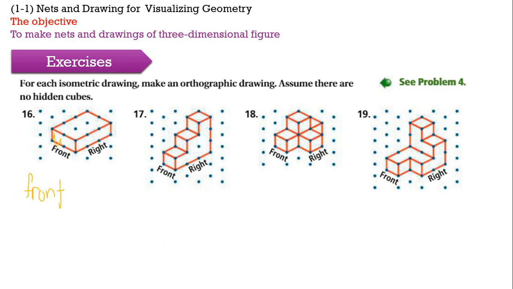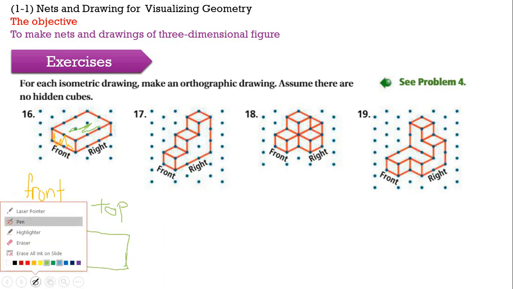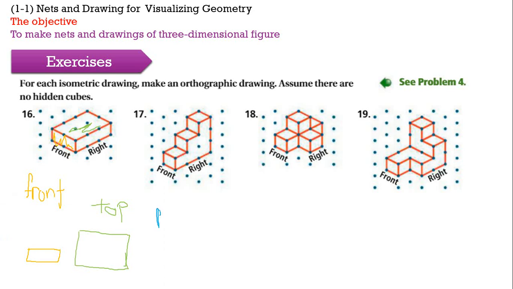For this shape, it is only this one, easy. The top is like this. Finally, we have the right. It's like that.